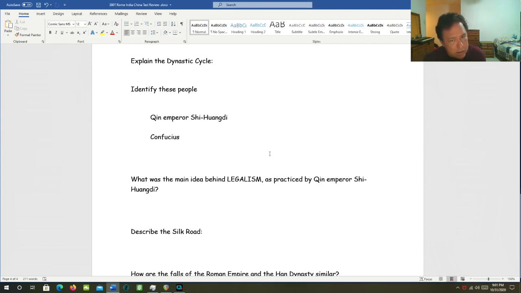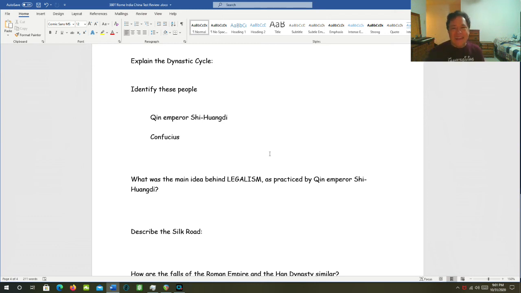But eventually, over time, that dynasty will become corrupt. And you'll see signs of that. Taxes will go up, services will decline. And that dynasty will then be thought of as having lost its mandate of heaven. When it loses its mandate of heaven, it's going to be marked by rebellions and revolts and invasions and natural disasters.